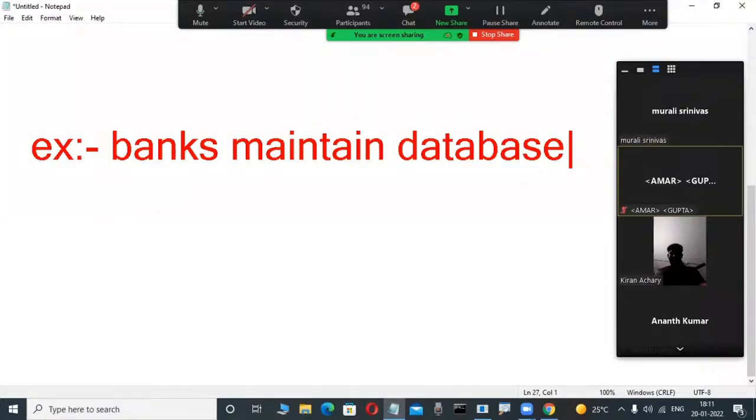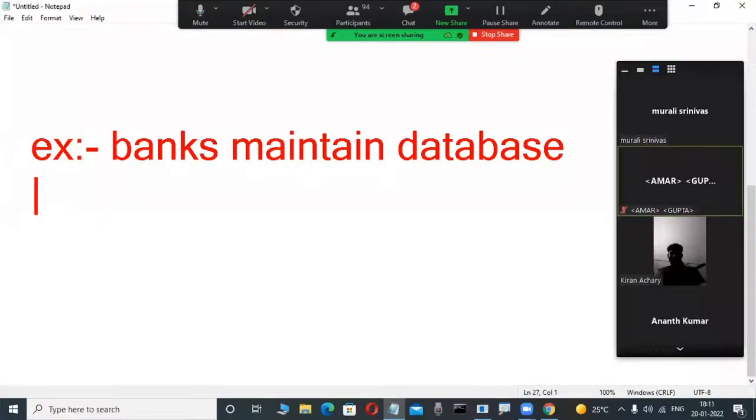Suppose you or I, or some customers, withdraw some amount. Those details they also want. Again, some people are transferring money from one account to another, either online or offline. All that transaction information needs to be stored permanently. Then only can we operate everything. That's why banks maintain databases.